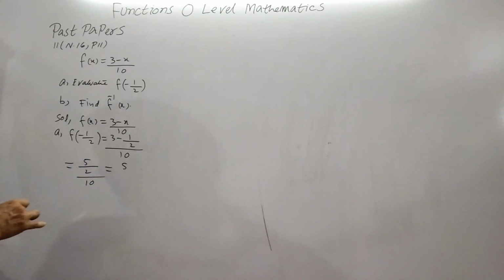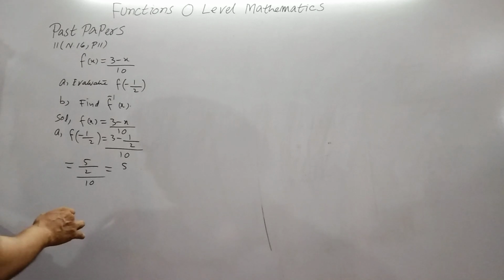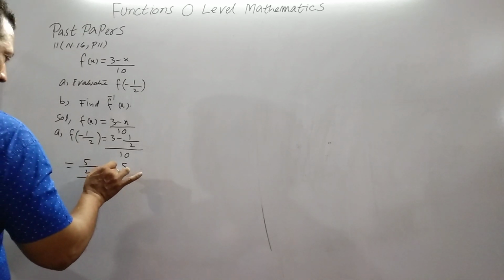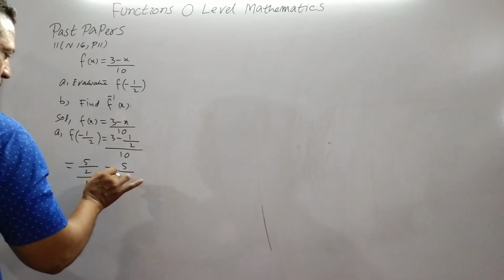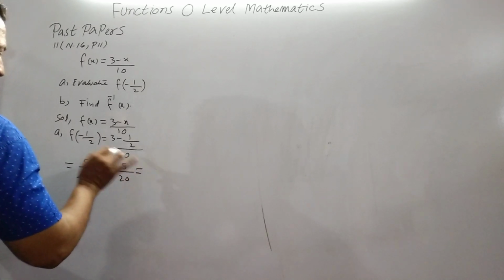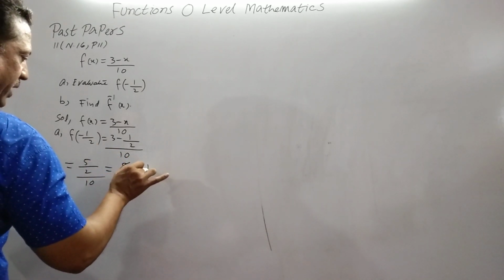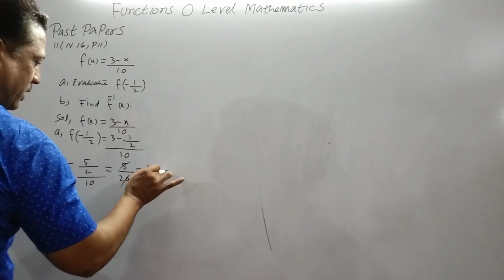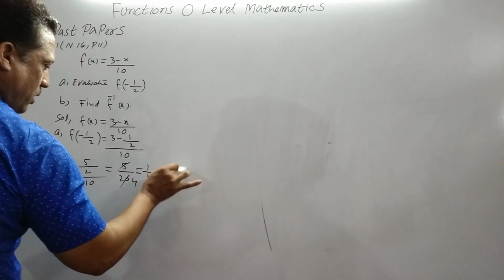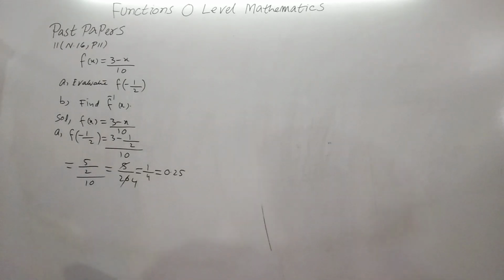This is 5 upon 10 twos are 20, 5 ones are 5, 5 fours are 20, 1 upon 4. The answer is 0.25.